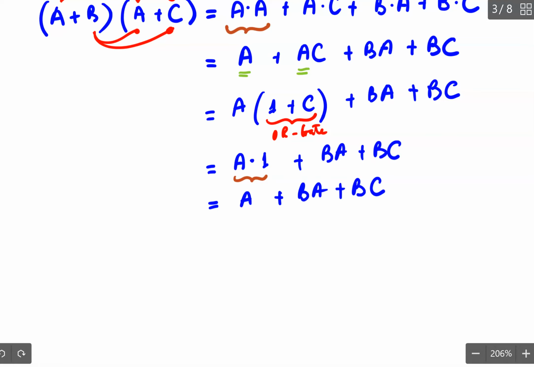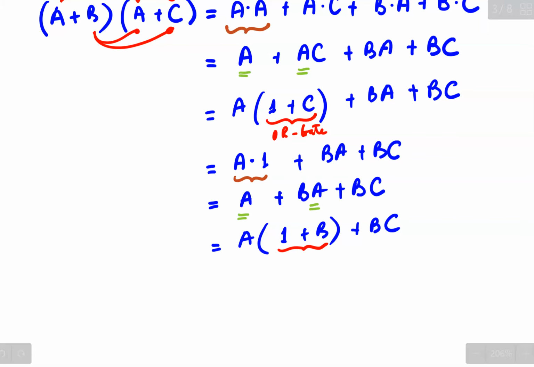What I have is recognizing this the same again, so I will factor that out: 1 plus B, plus BC. Now notice, I have another OR gate.